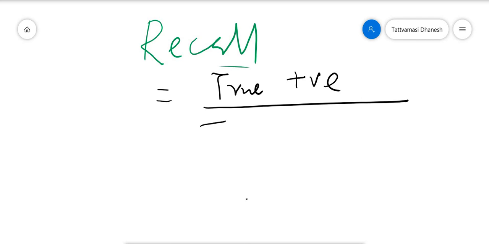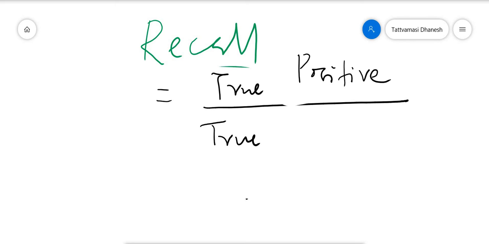You can write it as recall is equal to true positive divided by true positive plus false negative. So this is true positive divided by true positive plus false negative.